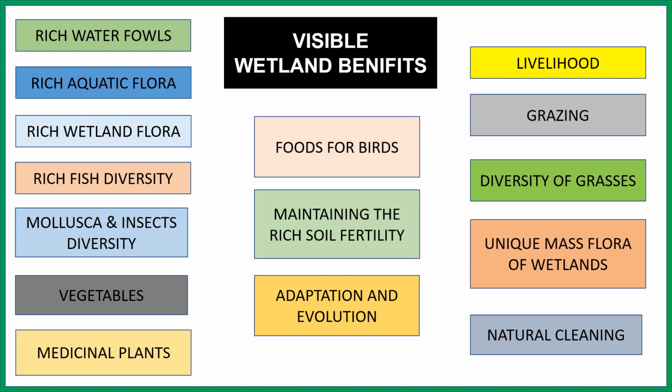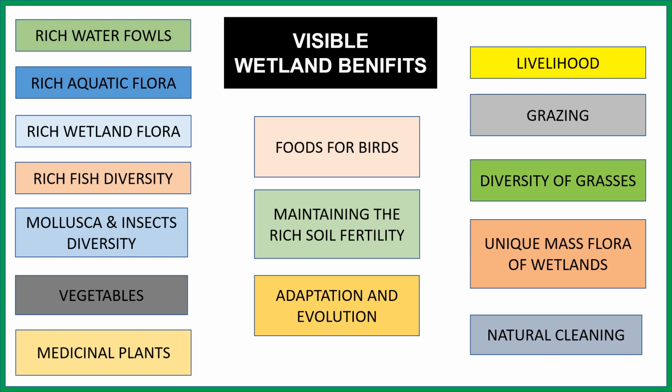When I say rich aquatic flora and rich wetland flora, there is a difference, because one strictly grows in the aquatic habitat and the other grows outside of the aquatic habitat, though it prefers a wet habitat. There is a rich fish diversity, and a rich mollusca and insect diversity.